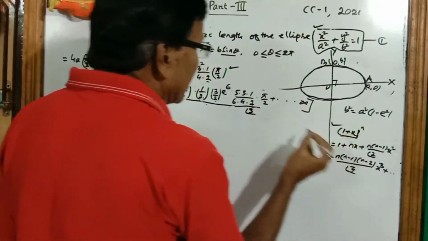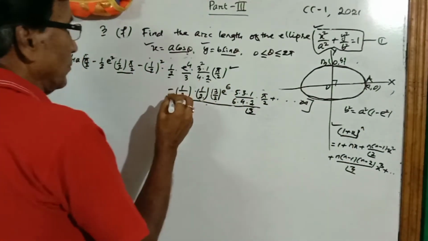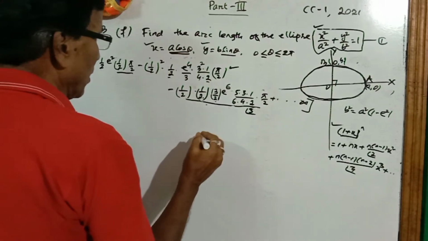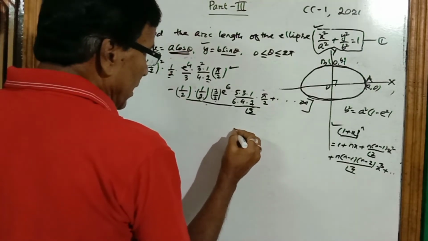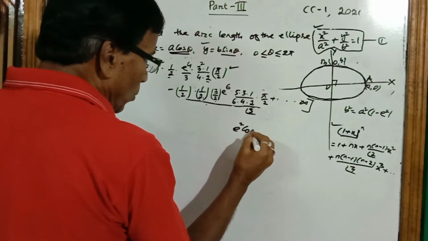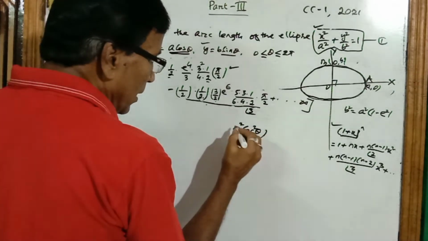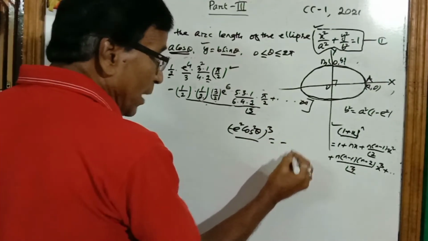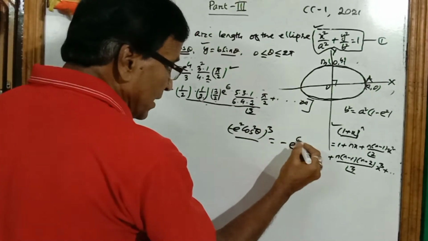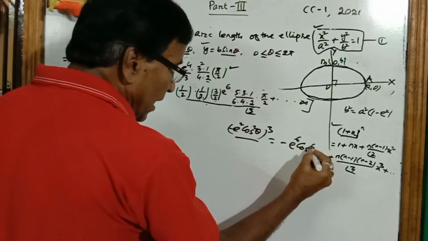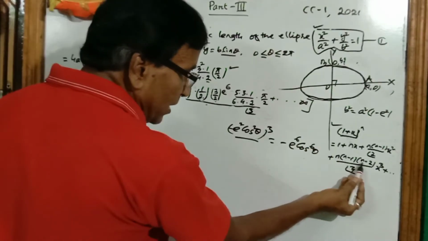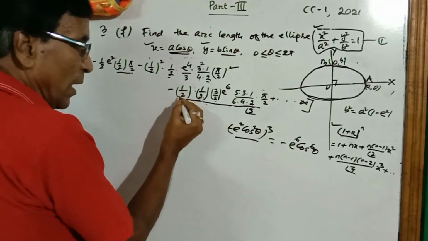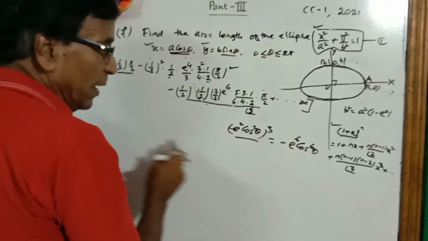X cube means here it is e square cos square theta whole cube, minus e square cos theta whole cube. It is again minus e to the power 6 cos to the power 6 theta. So here it is minus into minus, and this minus again, it will be minus. So it is 1 by 2 into 1 by 2 into 3 by 2.